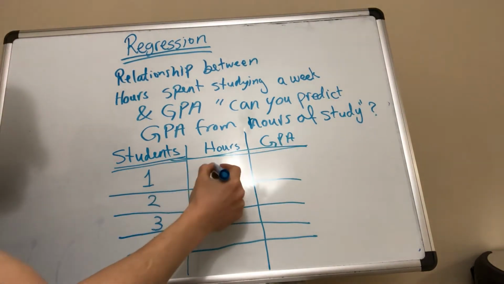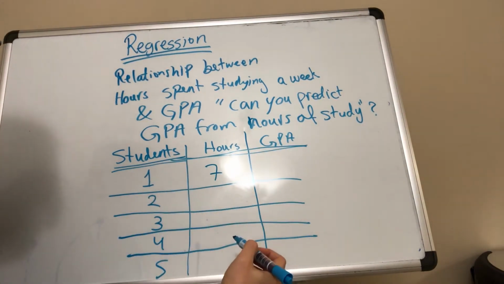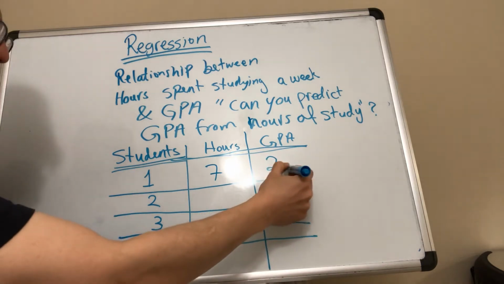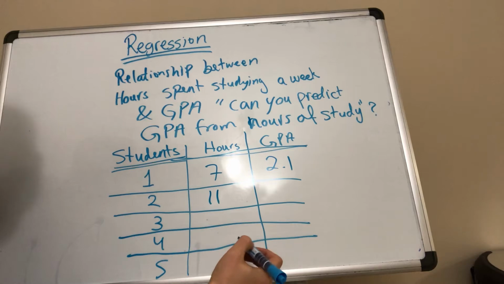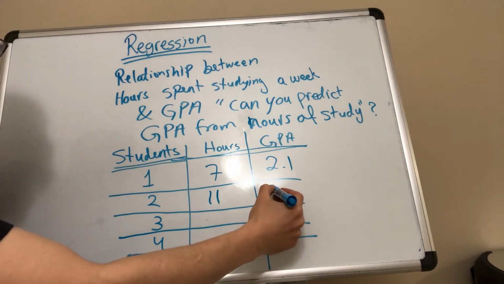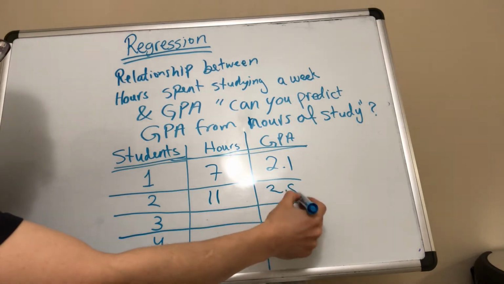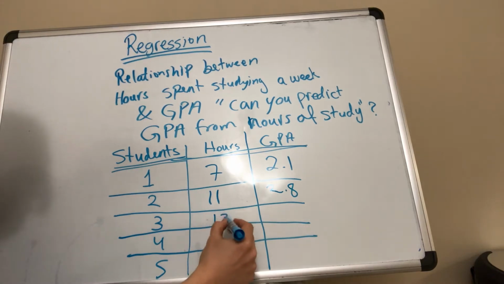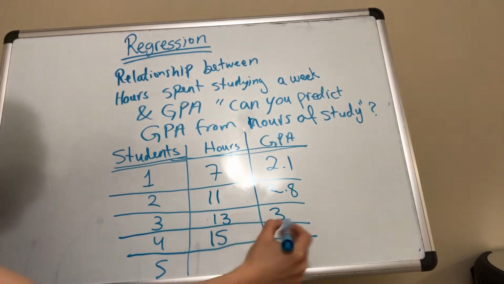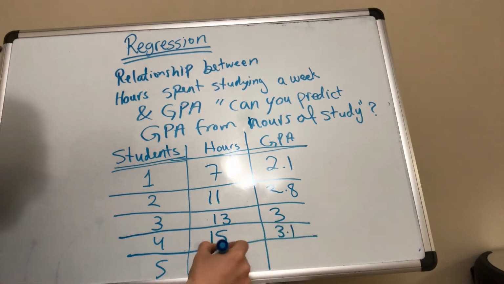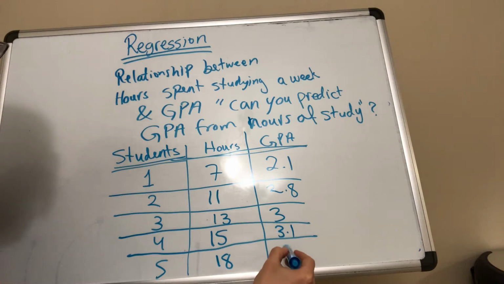Let's say this student studies 7 hours a week, GPA is 2.1. This student, 11 hours with a GPA of say 2.8. 13 hours, 3. 15 hours, say 3.1, and 18 hours, and say this is 3.5.